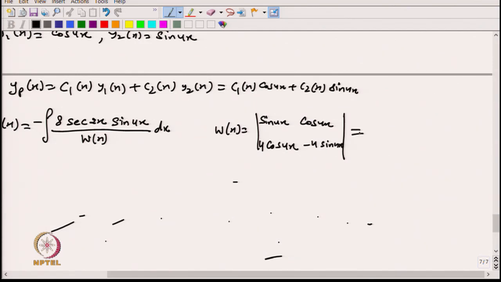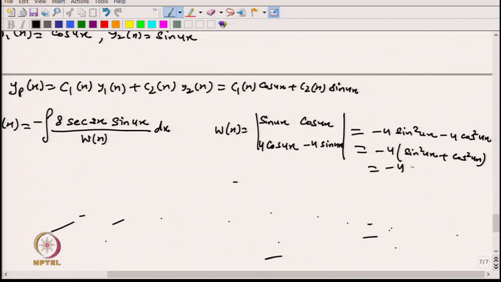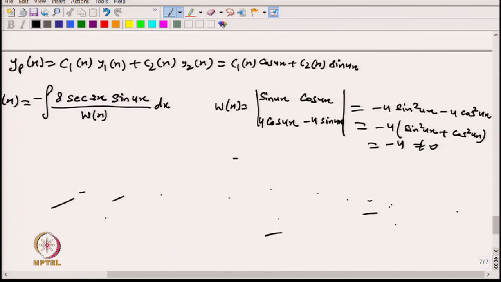So, from here this will become minus 4 sin square 4x minus 4 cos square 4x, and I can take minus 4 common, so it becomes sin square 4x plus cos square 4x, and this is minus 4. So, it is never 0 because they are already linearly independent. So, this is my Wronskian.